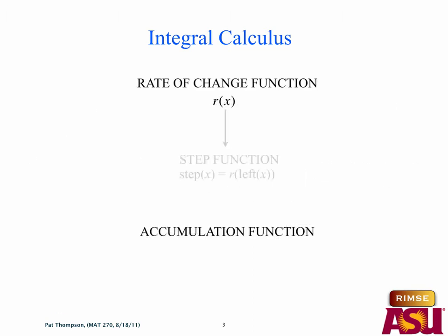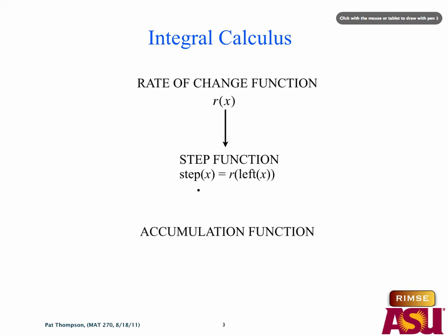So if we wanted to record this process, we start with our exact rate of change function. That's this guy. We define our approximate rate of change function with our step function. And then we get our approximate accumulation function by adding up all of this.